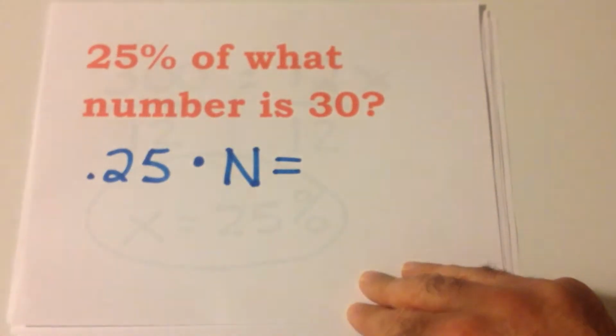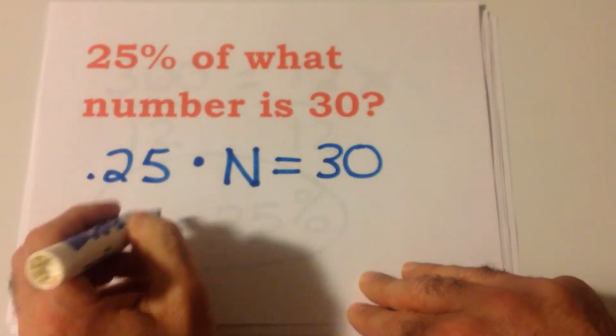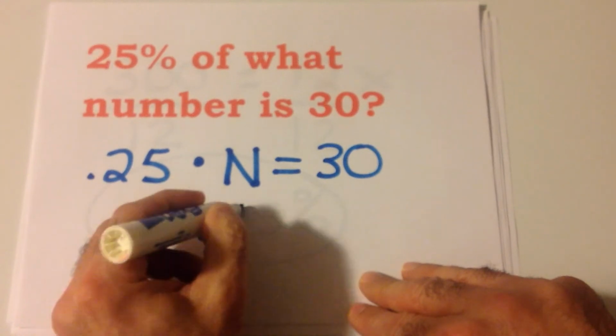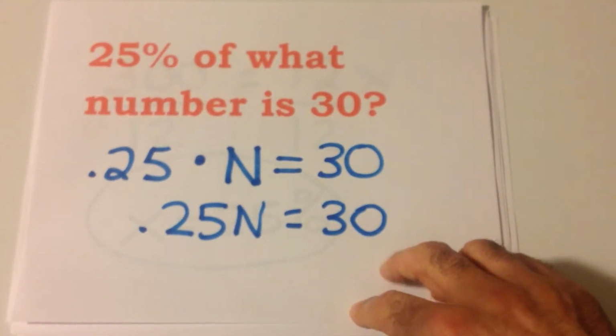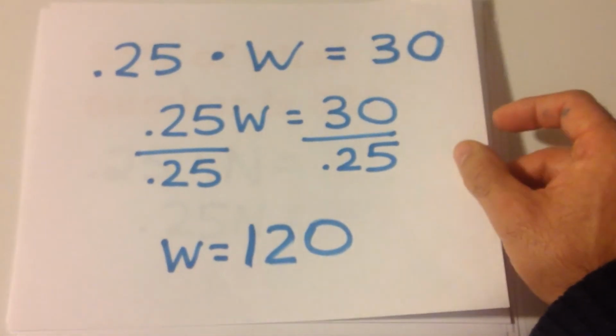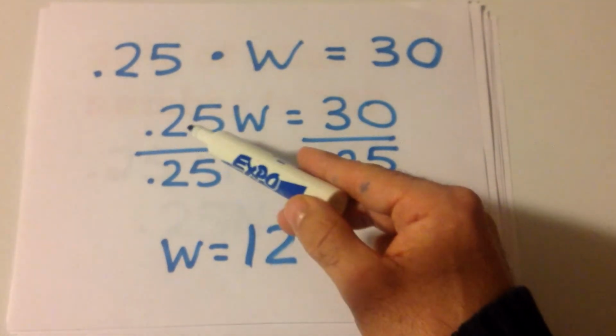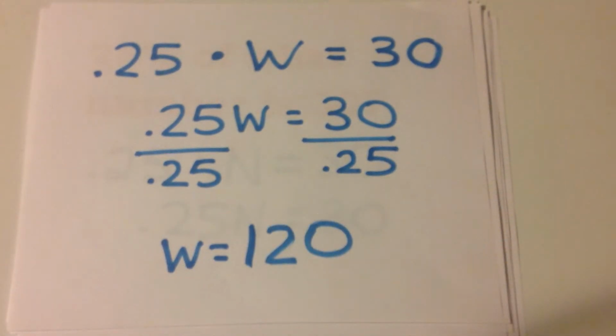Is, that's the equal sign, 30. So you're doing 0.25n equals 30. 0.25n does mean 0.25 times n. So just divide out the 0.25, remember, on both sides, and n equals 120.